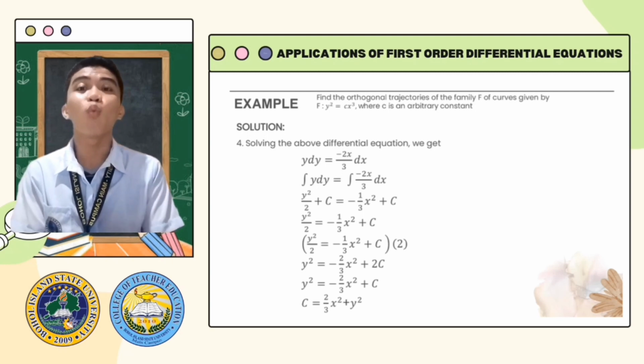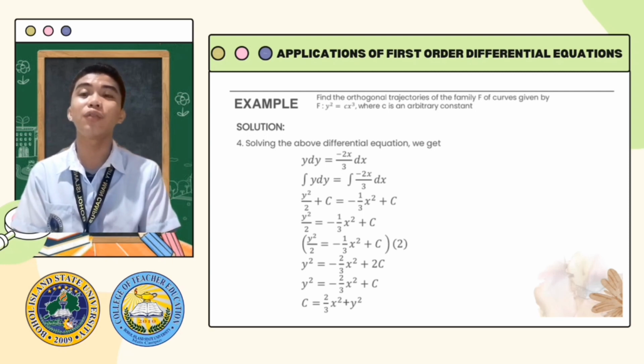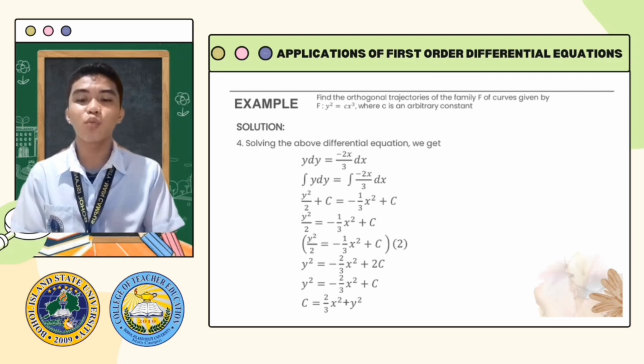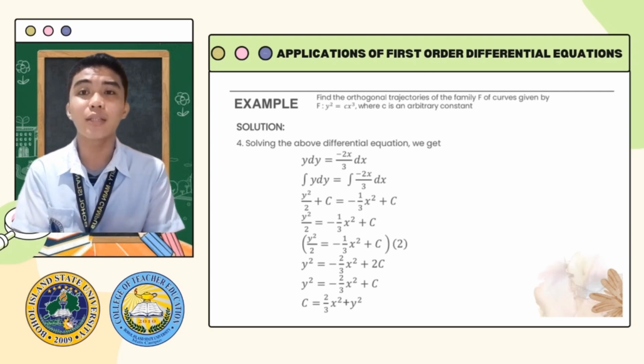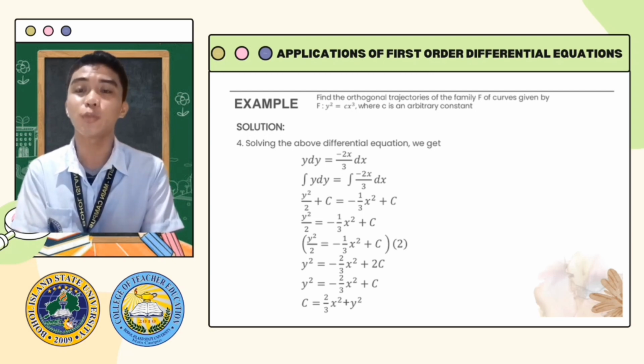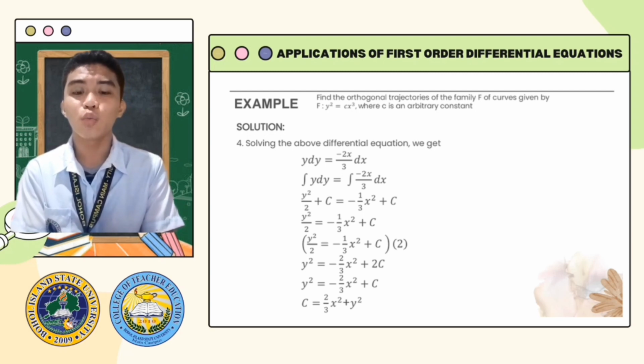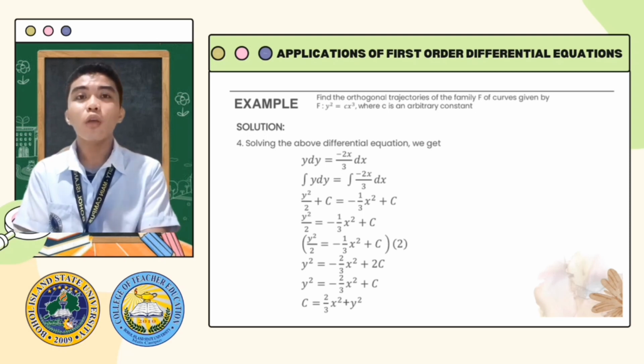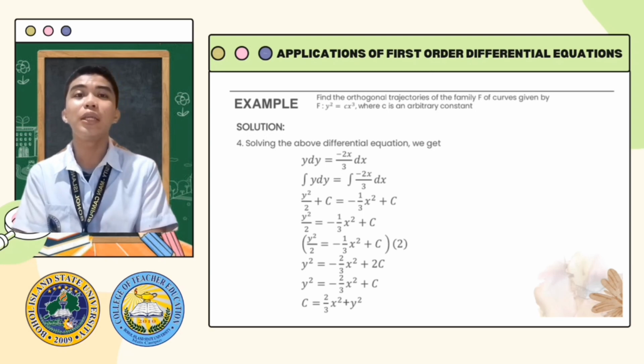So we get y dy is equal to negative 2x over 3 times dx. Next, we will integrate the left-hand side of the equation with respect to y, and the right side with respect to x. So we get the integral of y dy is equal to the integral of negative 2x over 3 dx.